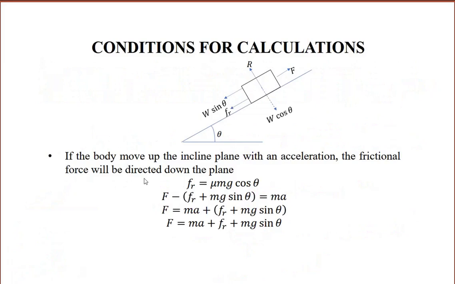Let's look at the last condition for calculation. If the body moves up the inclined plane with an acceleration, the frictional force will be directed down the plane. This time, the force is able to move the body up the plane. So we have the force moving the body, F, minus the force opposing the motion equals the resultant force, from which we get the force moving the body to be ma plus frictional force plus mg sine theta.